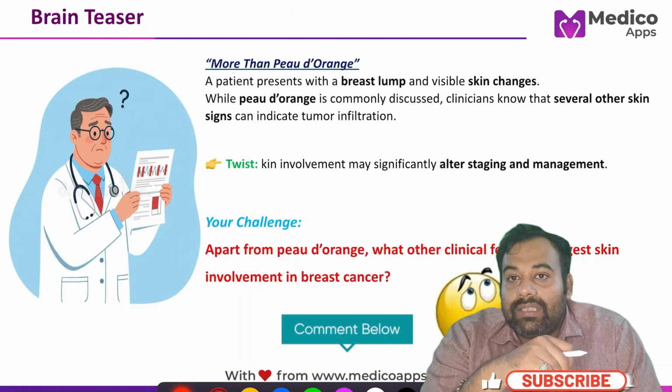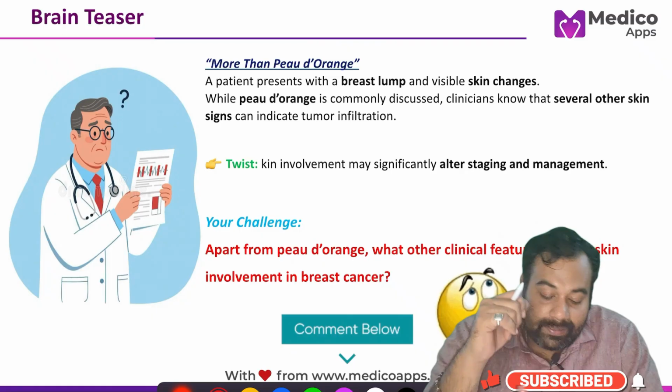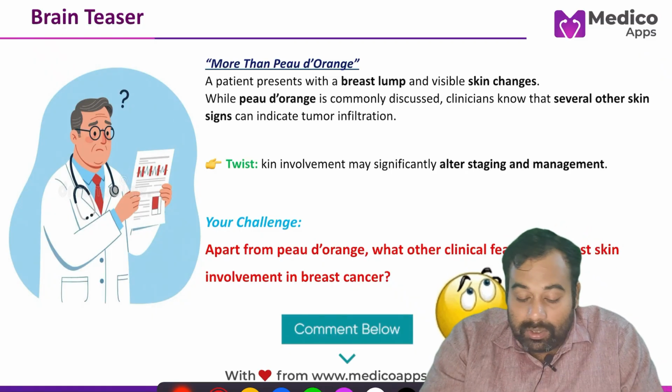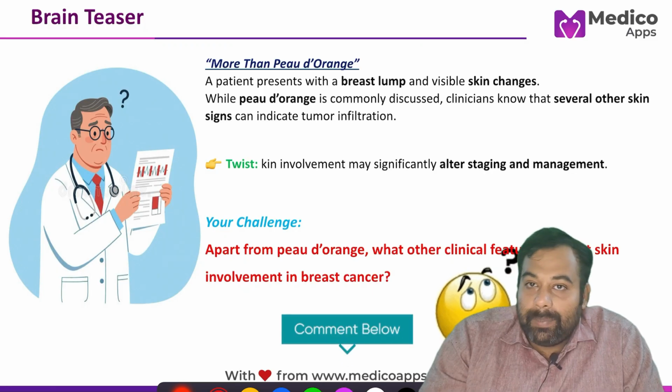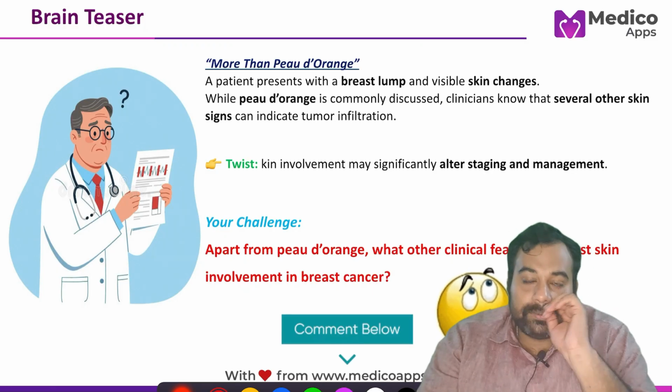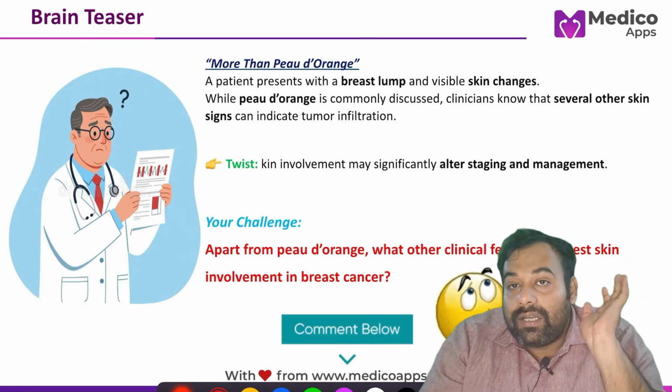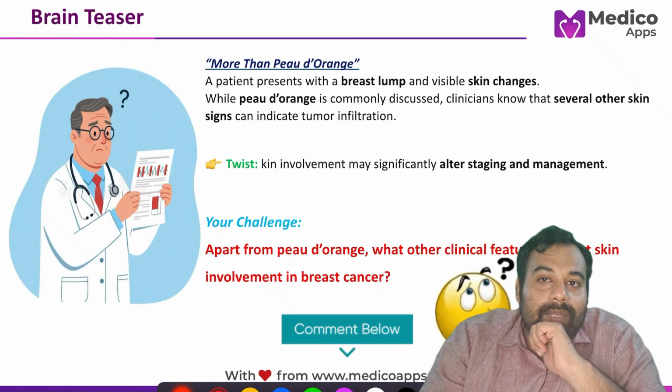So here is another brain teaser for you guys, right? We have already discussed the Peau d'orange, right? So there is a breast lump patient, and this patient suddenly developed Peau d'orange. It is taken as a consideration of skin involvement in case of breast cancer.